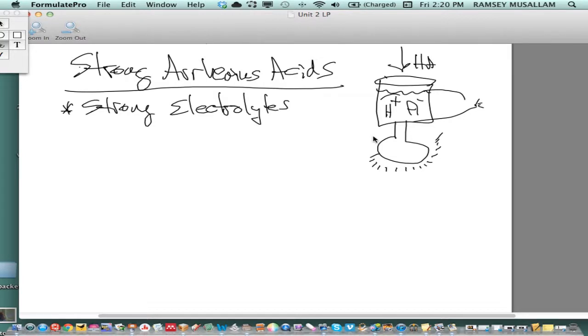But you can also refer to that with acids. So strong acids can be called strong electrolytes as well. And we know that there are, it always helps to write them down. I always write them this way because you're never not going to write them this way when they're in the acid form.